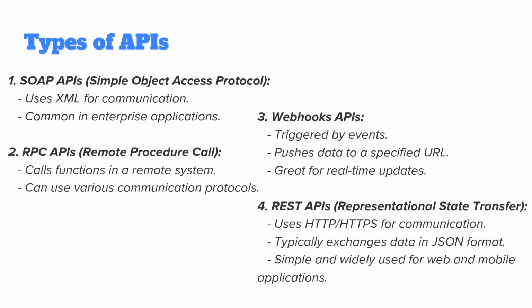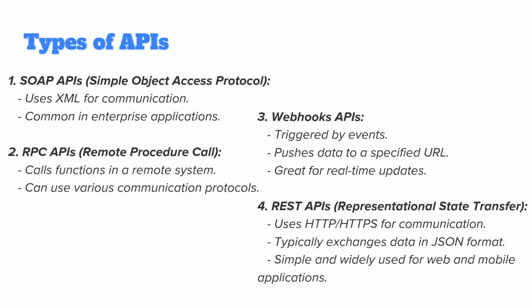Okay, so here we have some types of APIs: SOAP APIs, remote procedure calls, webhooks, and REST APIs. If you take SOAP API, Simple Object Access Protocol, we are using XML for communication, and it is common in enterprise applications. Then we have remote procedure calls, which call functions in a remote system.